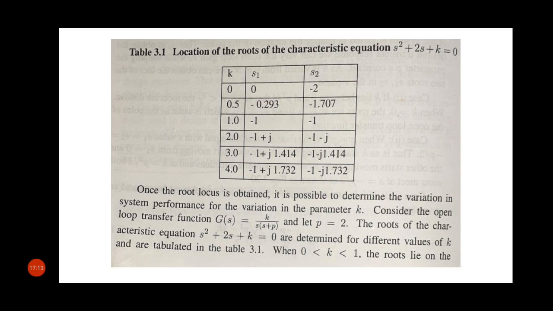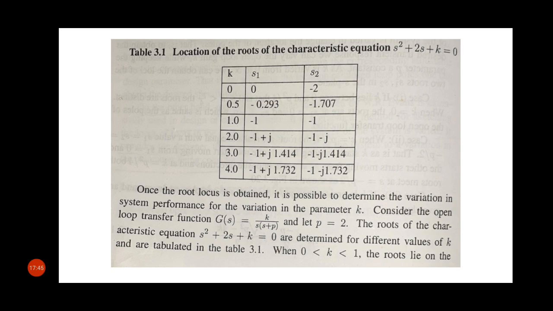In this equation, if k is varied, see the table here, we take different values of k, and if k varies in this manner, then the roots are these. Once the root locus is obtained, it is possible to determine the variation in system performance for the variation in the parameter k.